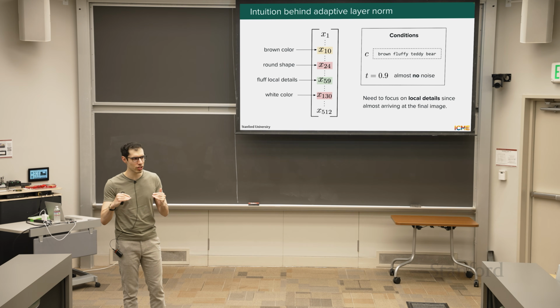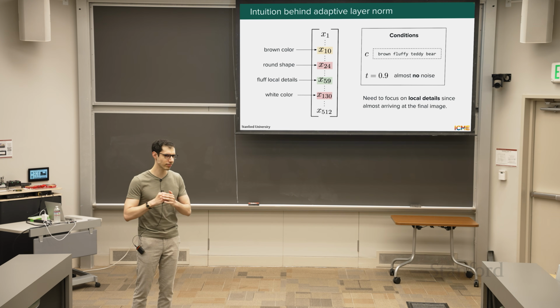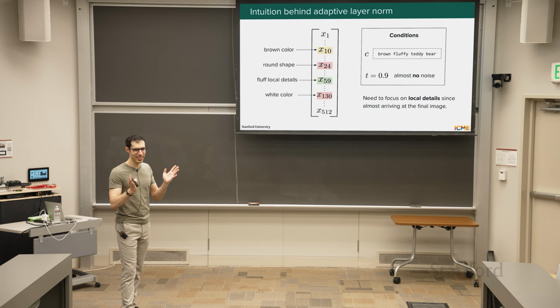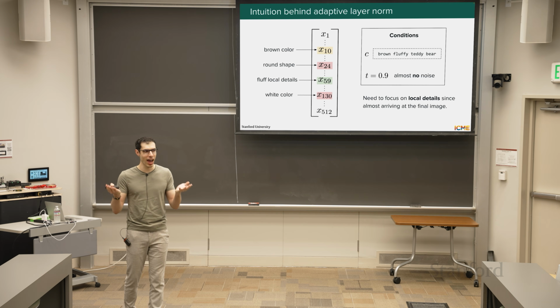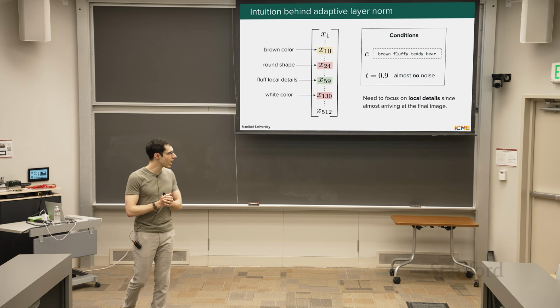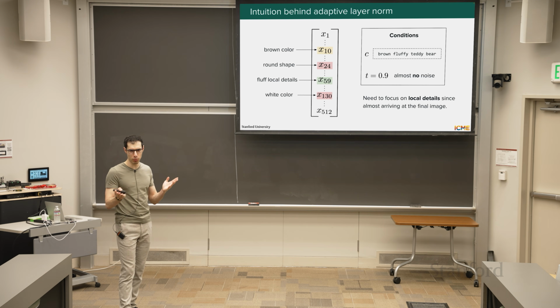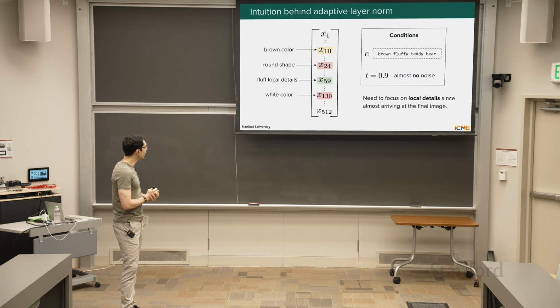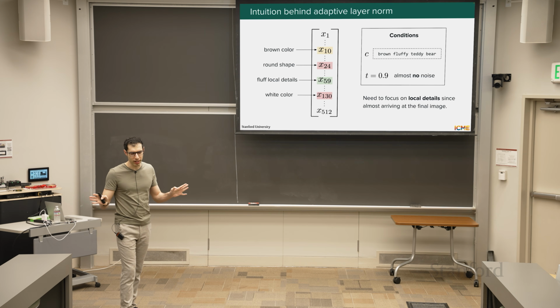Now I need to focus on the details. So you want the, let's say, fluffy details to have a higher intensity. And you don't want the round shape to be that intense because it's already there. And the brown color, same, it's already there. And then white color, again, you don't want it.